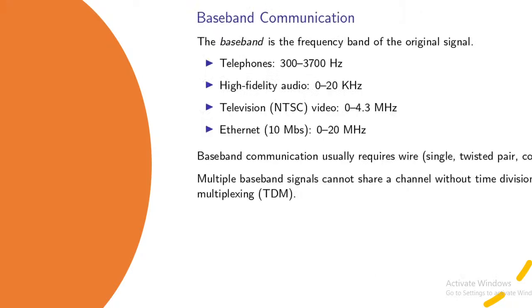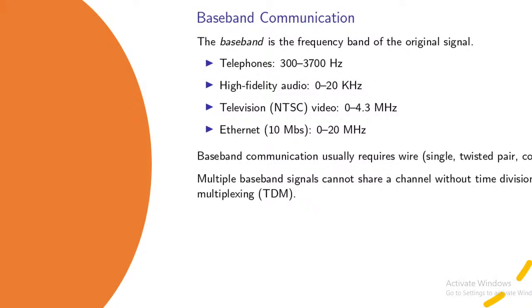Now, we discussed in the last class what baseband communication is: baseband, message signal, or modulating signal. Baseband is the frequency band of the original signal. If you have the original signal which contains information, its frequency band is called the baseband.